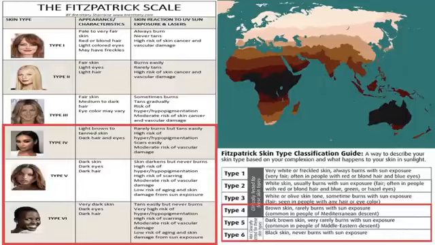And basically, when it comes to type 4, brown skin rarely burns with sun exposure. That fits with the Middle East, and it's common in the people of Mediterranean descent. Now, when it comes to dark brown skin, very rarely burns with sun exposure, common in the people of Middle Eastern descent.